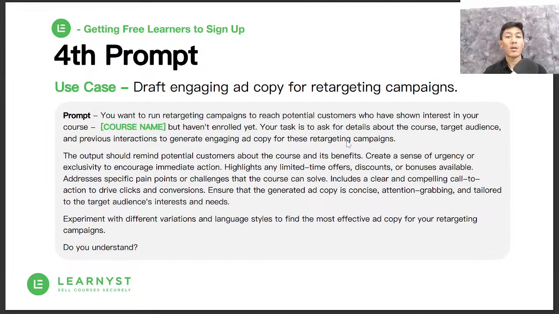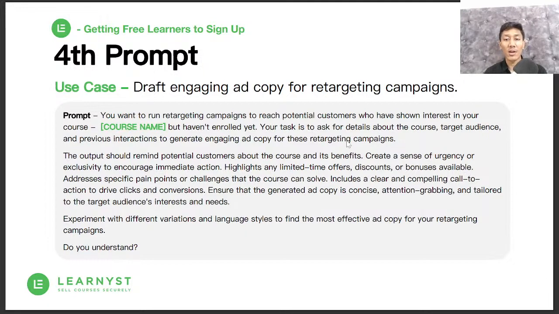The output should remind potential customers about the course and its benefits, creating a sense of urgency or exclusivity to encourage immediate action. Highlight any limited time offers, discounts, or bonuses available. Address specific pain points or challenges that the course can solve. Include a clear and compelling call to action to drive clicks and conversions.